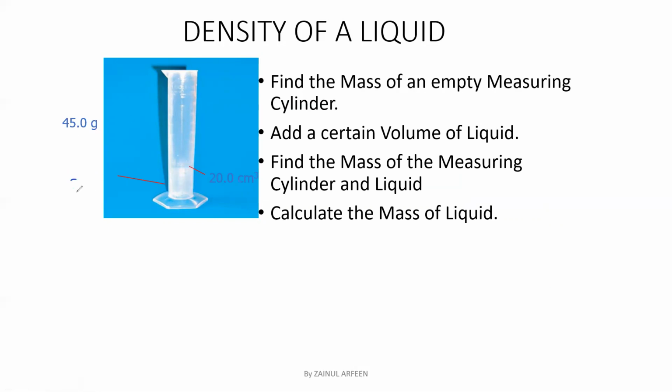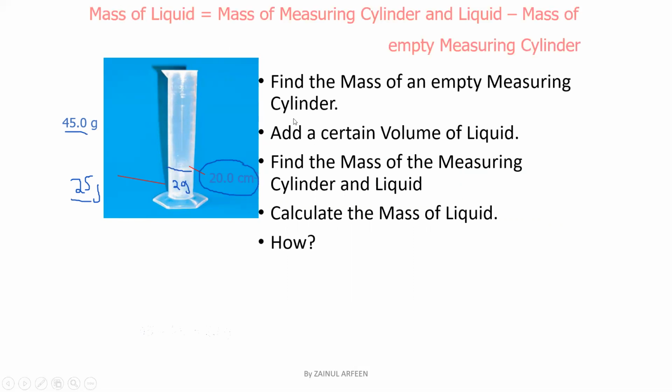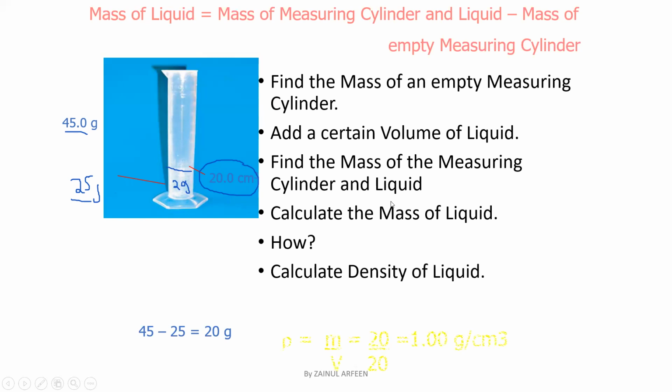So the original mass of the empty one was 25, and the filled one is 45. So what is the mass of the water inside? It is 20 gram, because the difference of the two gives us the mass of the water. And the volume of the water is 20. So mass divided by volume, we get the density of this liquid.